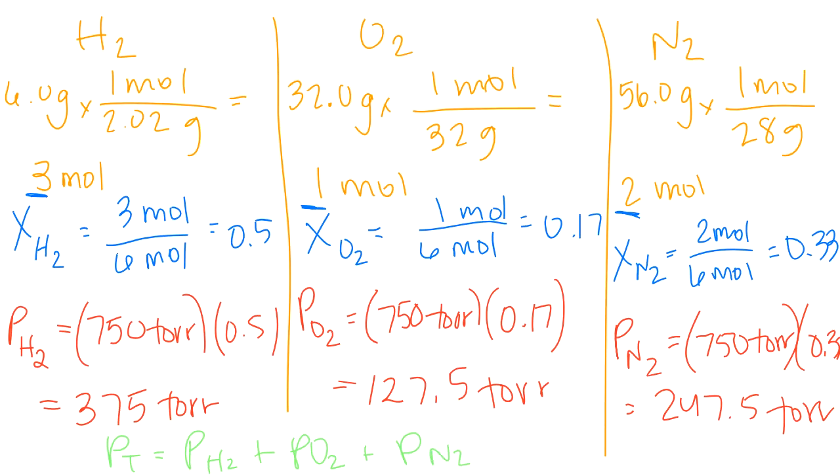So if we take 375 plus 127.5 plus 247.5, we should get real close to 750. Okay, and so that's one way that you can double check yourself.